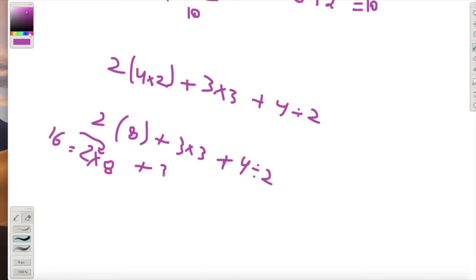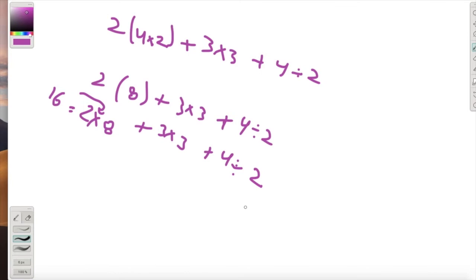Then I'm going to write 3 by 3 plus 4 by 2. We can break this step sooner if we want, but just to make it clear. Now next is our multiplication and division. Anything can go first, so we can say 16 plus 3 into 3 is 9, plus 4 by 2 is 2. Now last is addition, so 16 plus 9 plus 2. 16 plus 9 is 25, 27 is our answer.